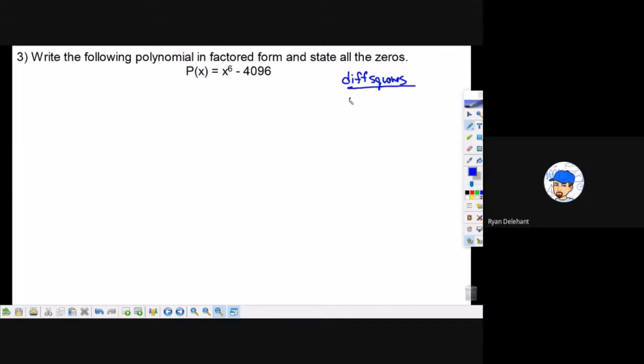Difference of squares says that if you have two items, let's call them A and B, they're being subtracted and they both are perfect squares, that will factor into that. The way that you've seen this most of the time is you had something like x squared minus 16.